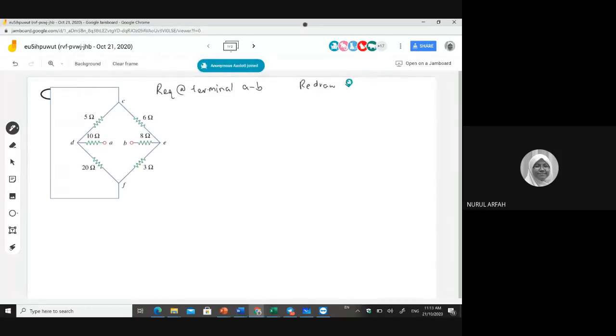Redraw the circuit. Find series and parallel circuit. Okay.